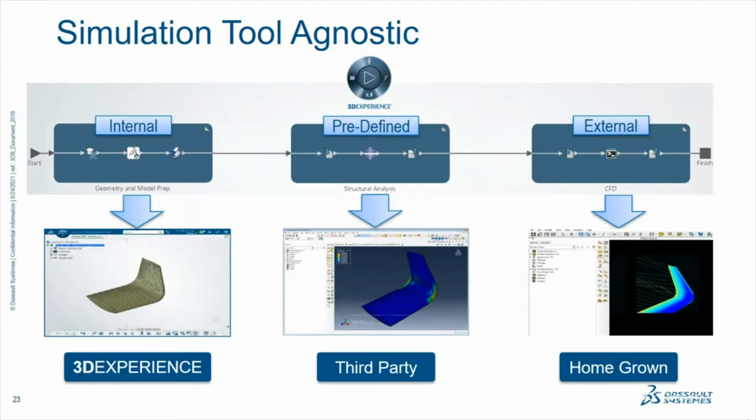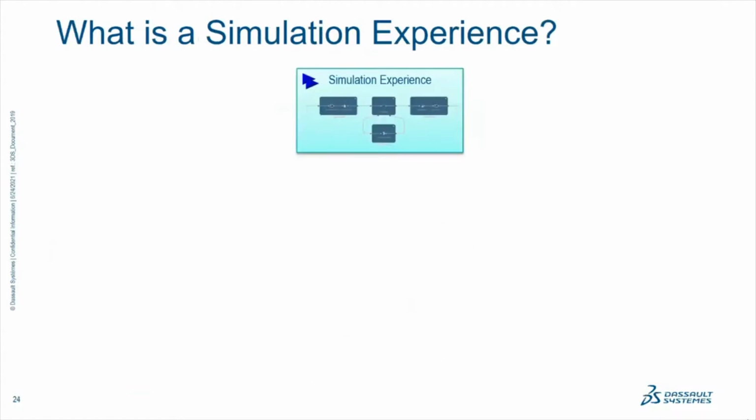In the second activity, we're taking that same winglet geometry and working with a third-party tool, in this case the Abacus program, to do a finite element analysis on that particular wing. And in the last case, we're taking the same geometry, exporting it to a file, and running a homegrown custom CFD tool to work on the geometry. So the same geometry is being accessed either by tools on the platform or external to the platform. And again, it's just a matter of which adapters you use in order to automate this process.